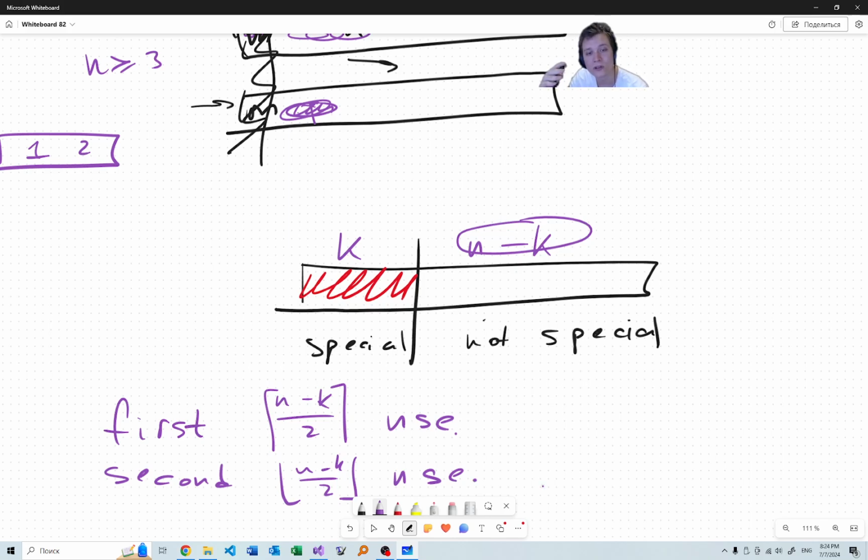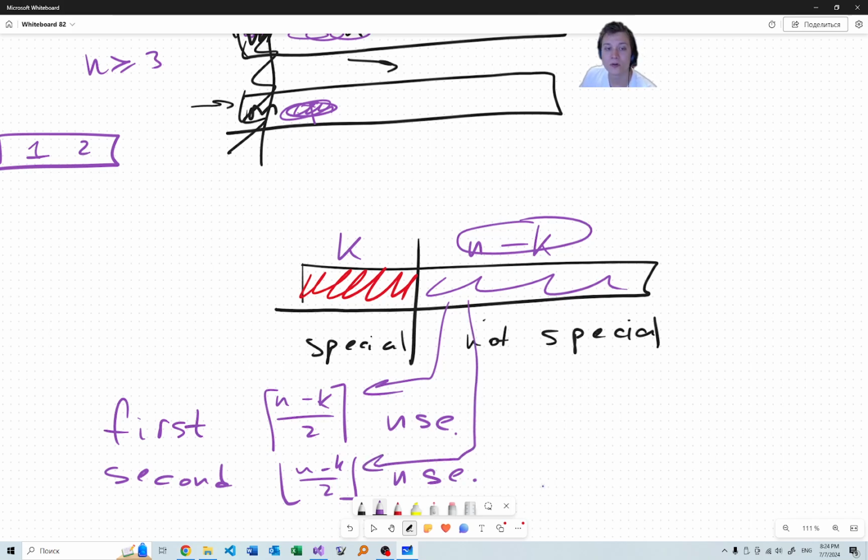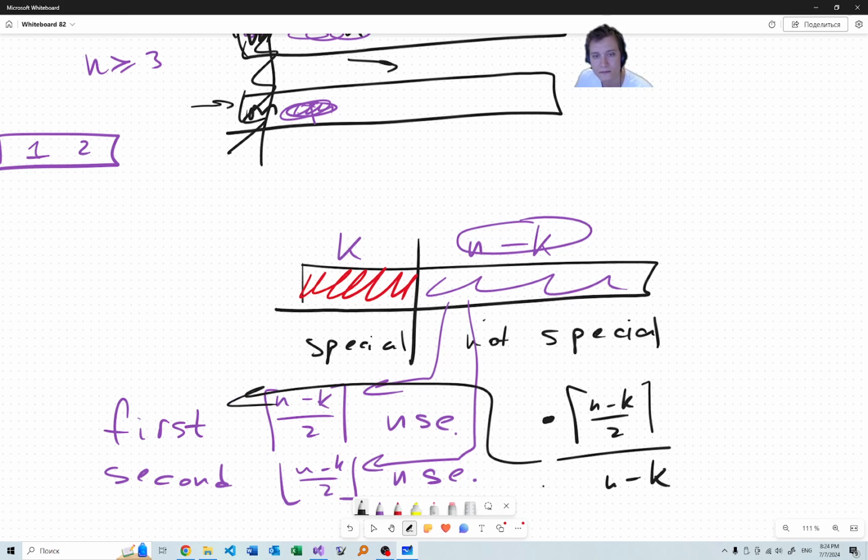And among all subdivisions of this set into 2 sets of these sizes, all of them are equally probable. Therefore, each element has a probability of this over this of getting to the first player, and 1 minus this of getting to the second player.